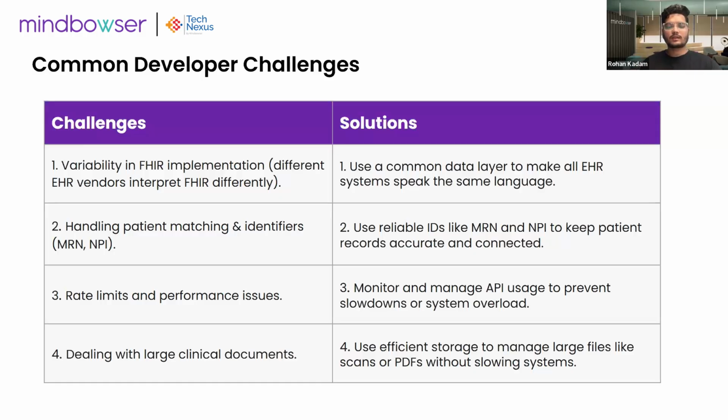The second one is handling patient matching and identifiers. The same patient can have different identifiers across hospitals, such as MRN in one hospital, NPI as an identifier in other hospitals. This might create a problem while fetching the patient. So we need a way to ensure that records refer to the right patient every time.